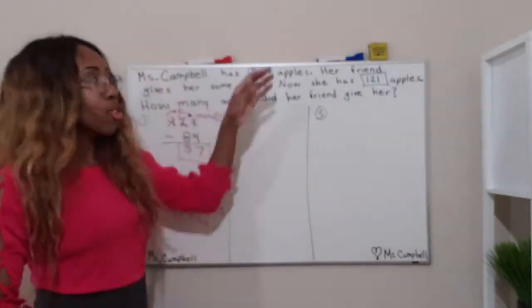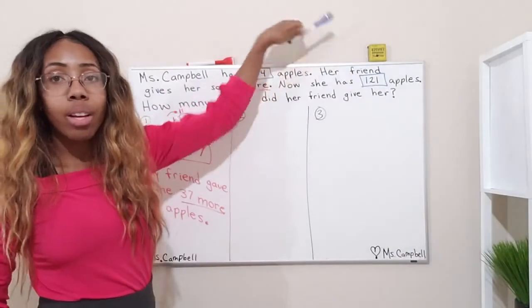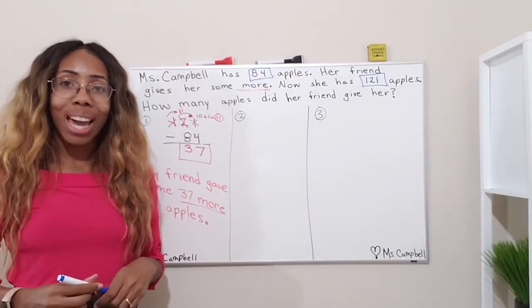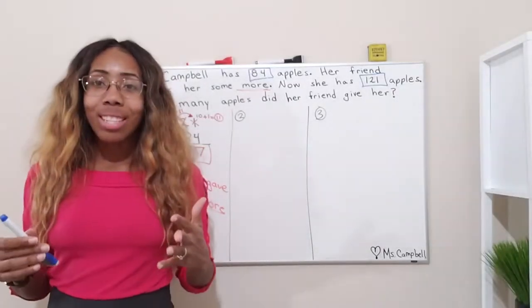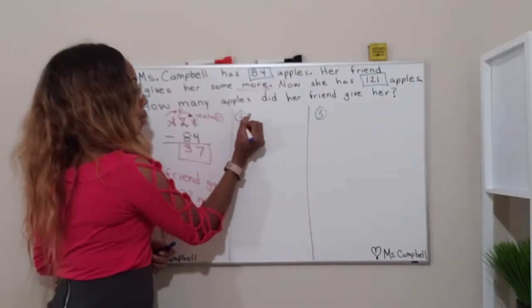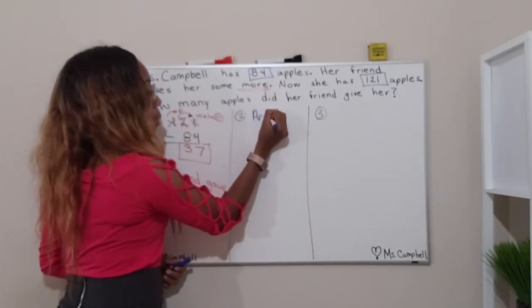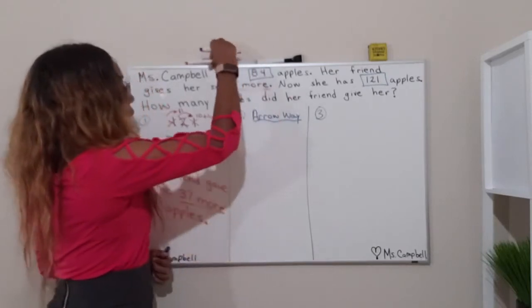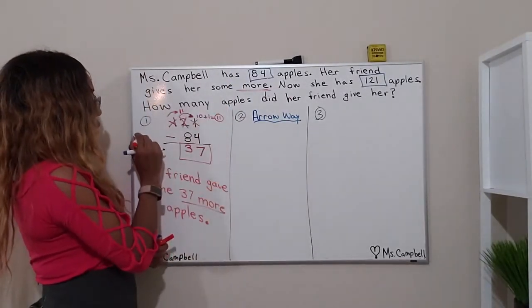Now let's use another strategy to solve this story problem, okay? So now let's try to use the arrow way. We're going to start from 84. This is the arrow way strategy. And again, over here, I had used the vertical way.